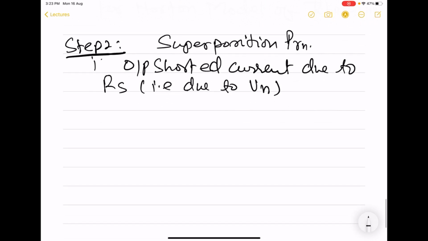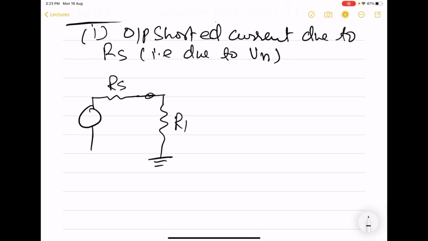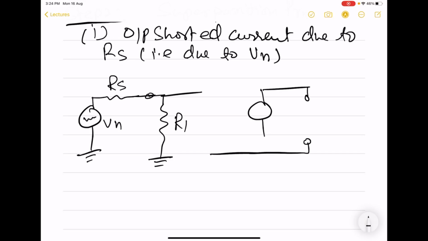So this is noise source number 1. For this case, our circuit will be like this. We have removed V1n, that means we have short circuited it, and then we have open circuited the drain noise current.